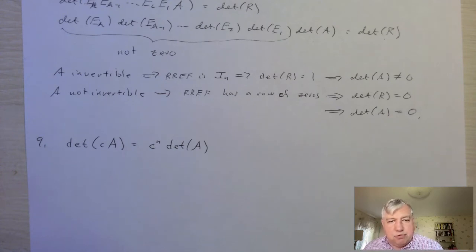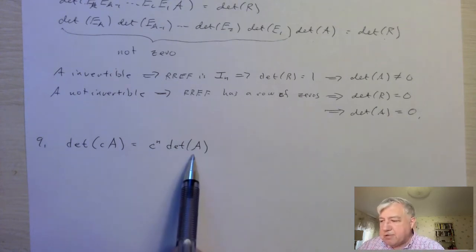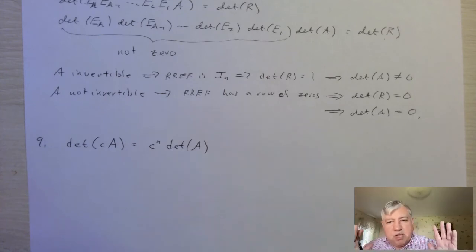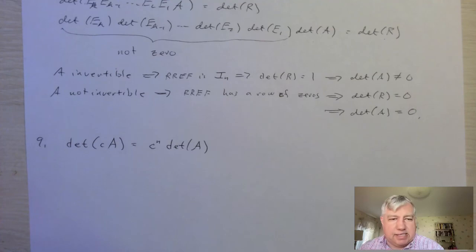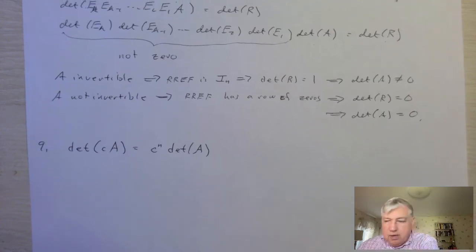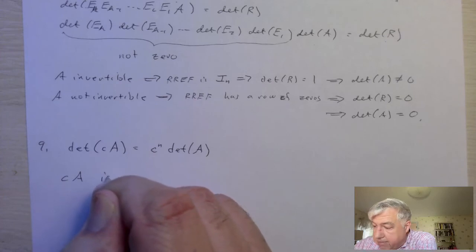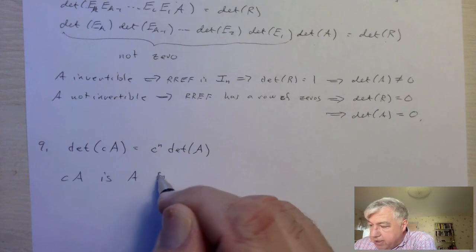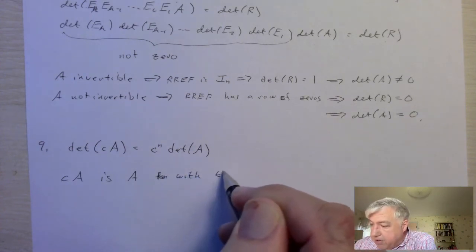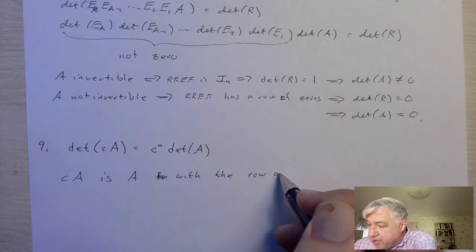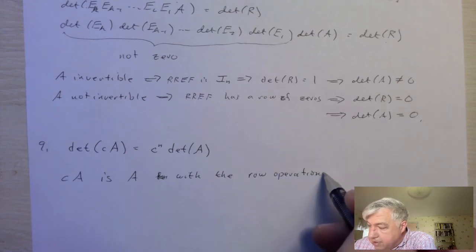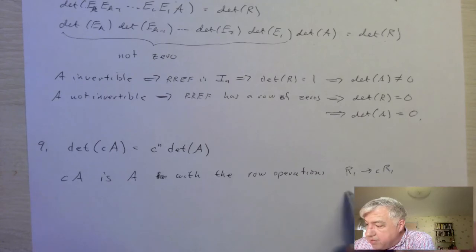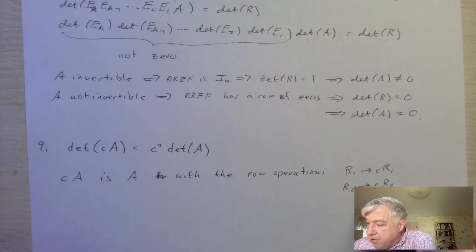We know that's not true, because it can't be just C times the determinant of A; that's the determinant if we just multiply one row by C. So in fact, CA is A followed by the following row operations: R1 is replaced with CR1, then R2 is replaced with CR2, and so on, and Rn is replaced with CRn.